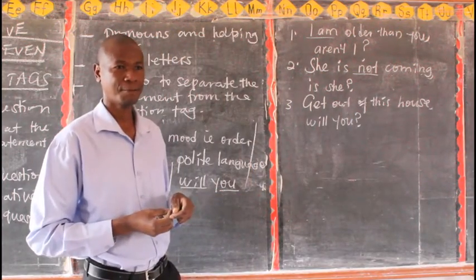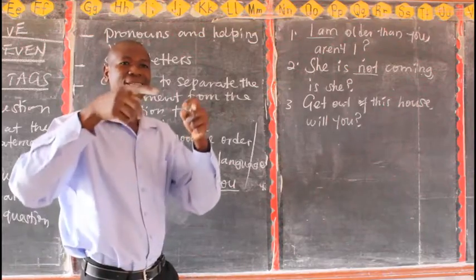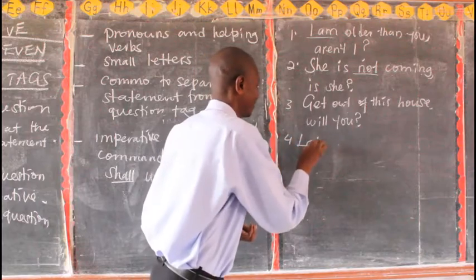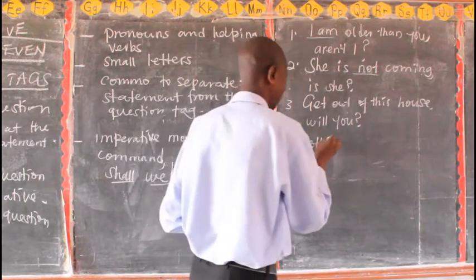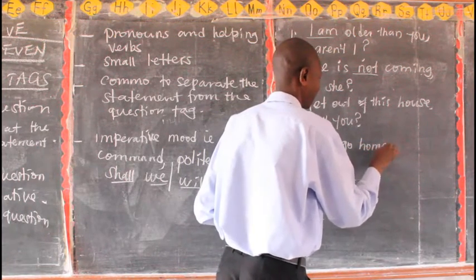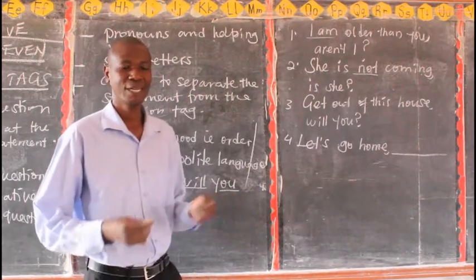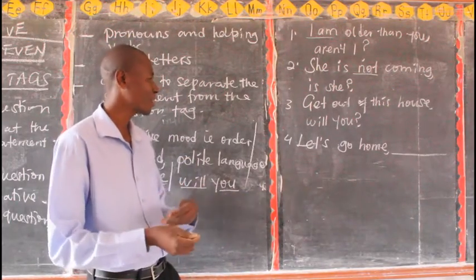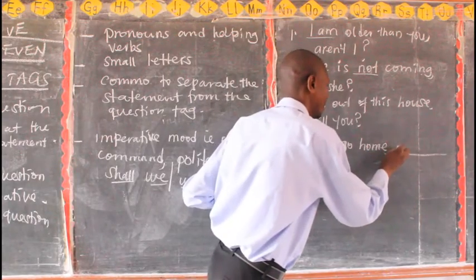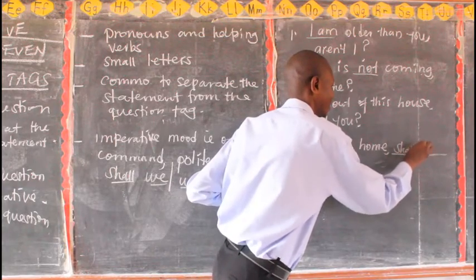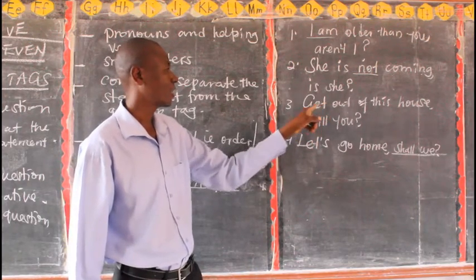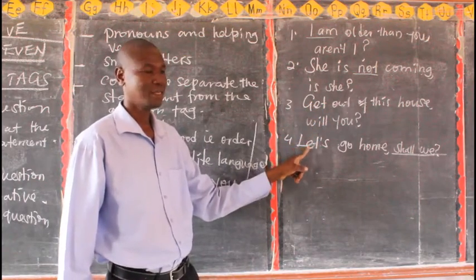Then a polite statement: "Let's go home." That is polite language; you're trying to request someone to go home. So this one is going to be "shall we?"